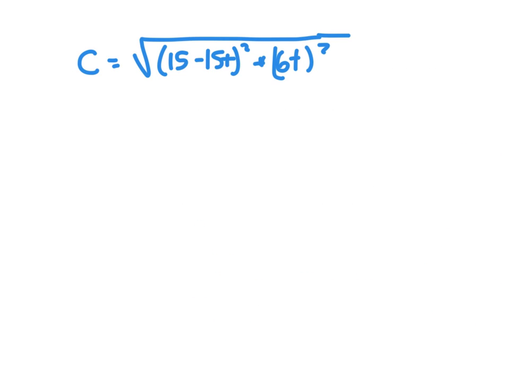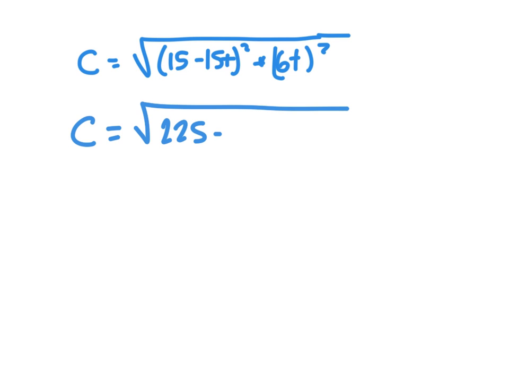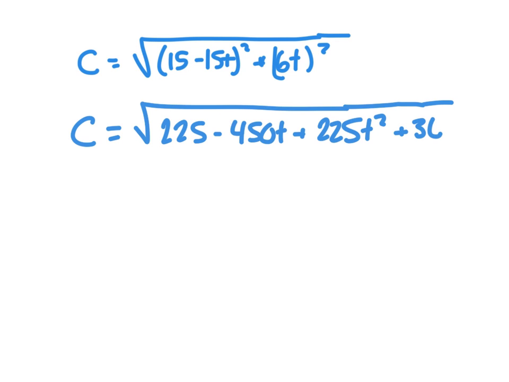Okay, so we're going to take this derivative. But first, let's clean this up. So this is going to be c equals, I'm going to expand this polynomial. It's 225 minus 450t plus 225t squared plus 36t squared.